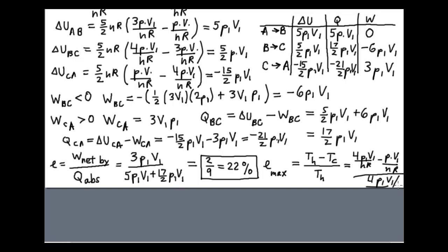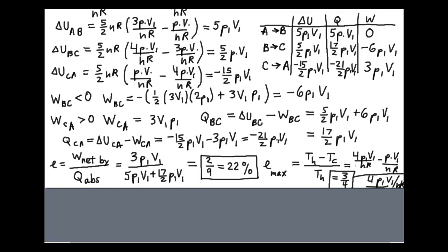I'm just going to put a slash here over Nr. So in the numerator, you get 4 minus 1, or 3. The denominator has the 4. And then the Nr and the P1V1 terms cancel out. So what we find is 3 over 4, 3/4, or 75%, is the maximum efficiency of a heat engine that we could have had operating between these two temperatures.